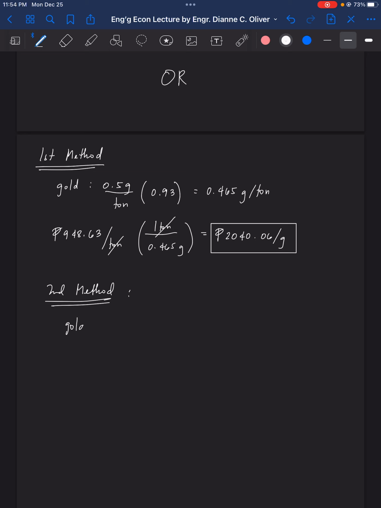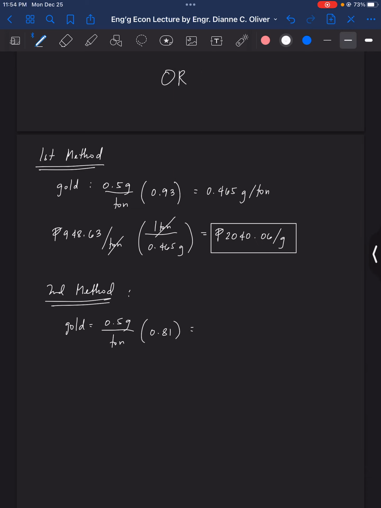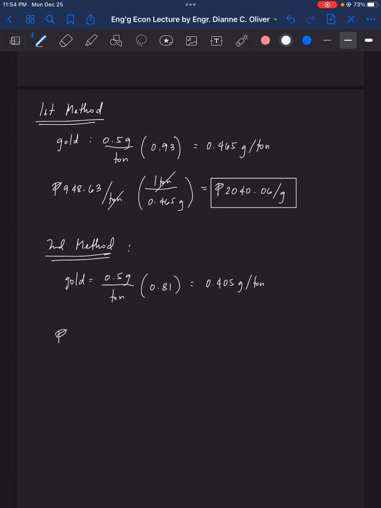Second method, so gold is equal to 0.5 grams per ton multiplied with 0.81. So we have here 0.405 grams per ton, and the income here is 800.31 per ton, that is 1 ton over 0.405 grams.